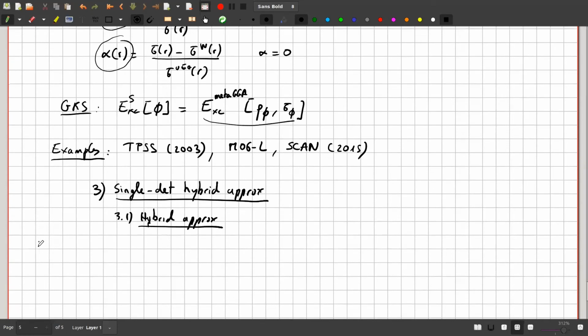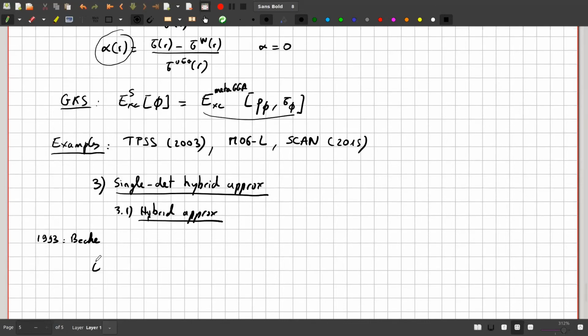That was in 1993, where Becke proposed to mix a fraction of Hartree-Fock exchange in DFT with some GGA functionals. He proposed what I will call here a three-parameter hybrid expression, which can be considered as an approximation within the generalized Kohn-Sham scheme. So it's a functional of phi, and it is as follows. There is a fraction a of the Hartree-Fock exchange energy, which is a functional of phi.